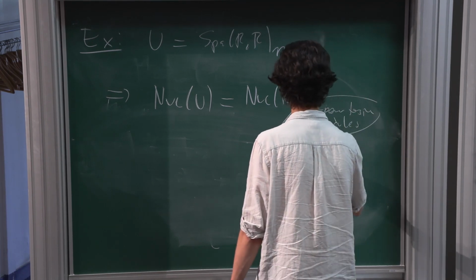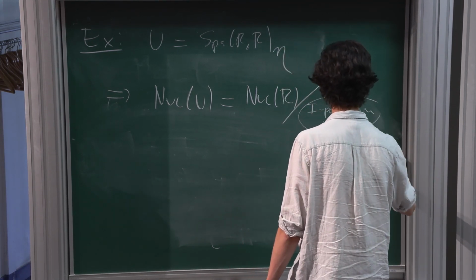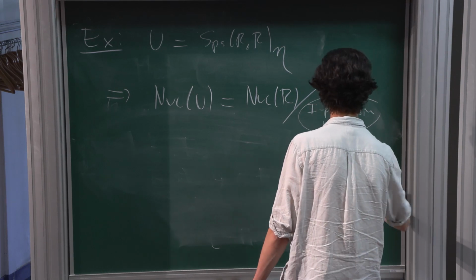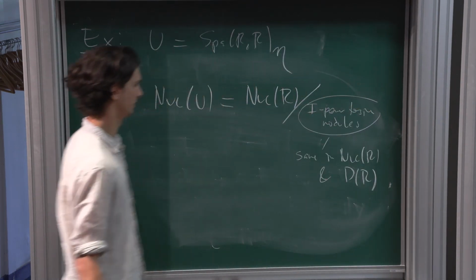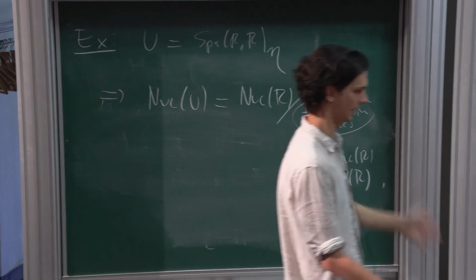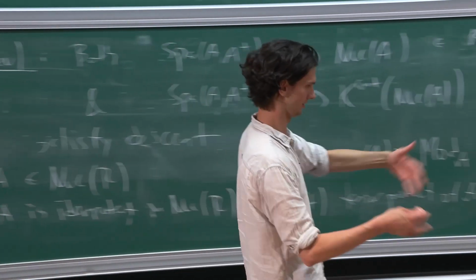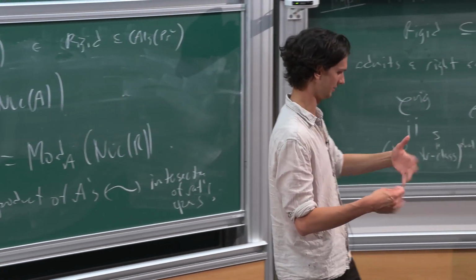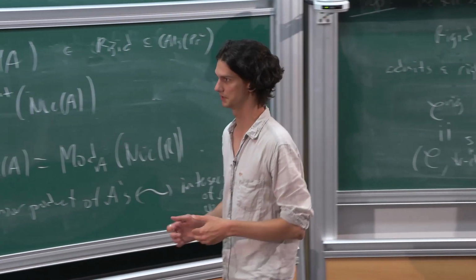And this is the same in nuke R and the usual D of R. So in this nuclear category, in the I-adically complete case, once you look at I torsion modules, you lose the exotic behavior. It just reduces to usual algebraic situation.